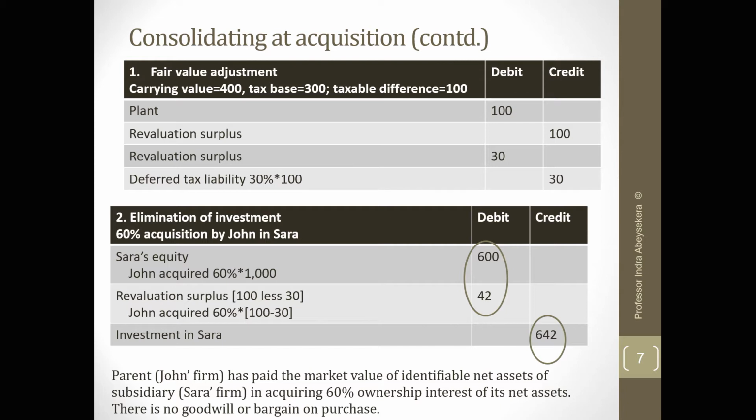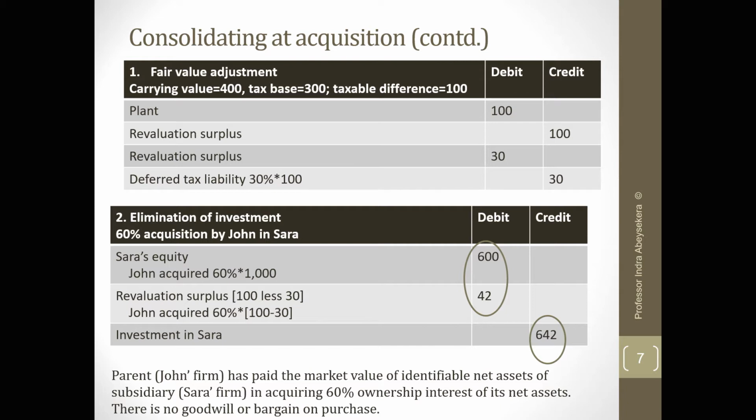The second step is to eliminate investment. Here, John acquired 60% in Sarah. So the investment we got to reverse. We credit investment in Sarah 642 and Sarah's equity. John acquired 60% of equity 1,600, and the revaluation surplus that we have determined from the first adjustment, which is the fair value adjustment.